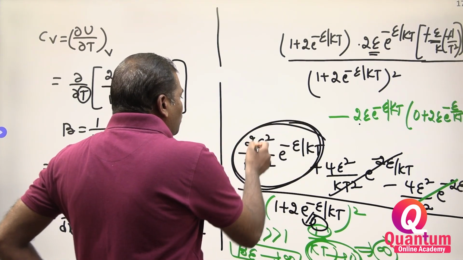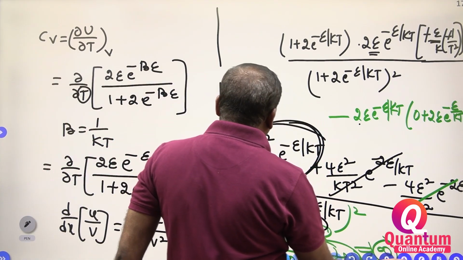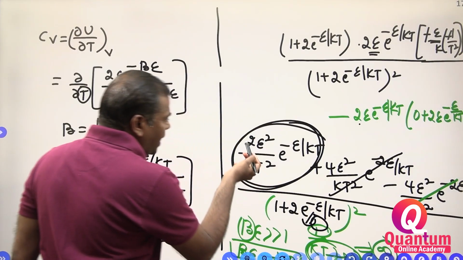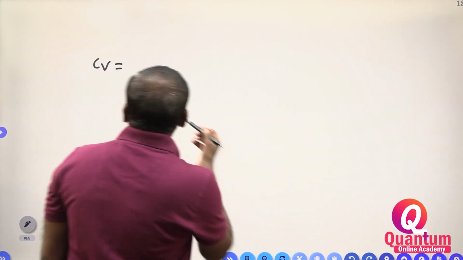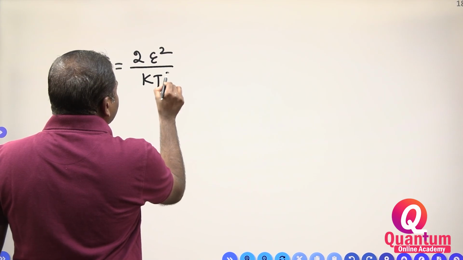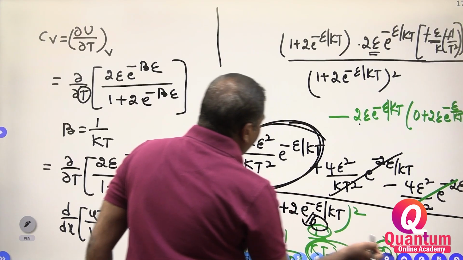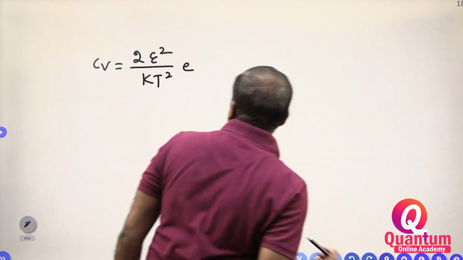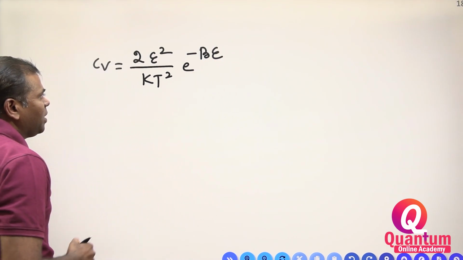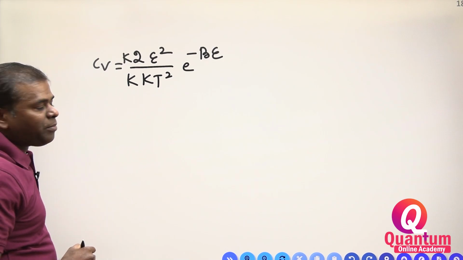Therefore, ultimately what value you are getting? You are getting the value CV is equal to, you have to take 2ε² divided by kT² into e^(-ε/kT). e^(-ε/kT) means e^(-βε). Now, I am multiplying with k and dividing with k. Any problem? No problem.